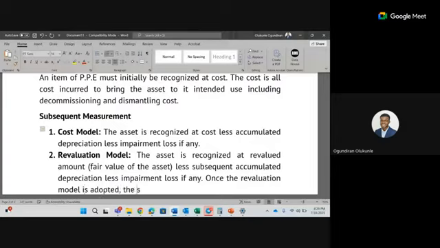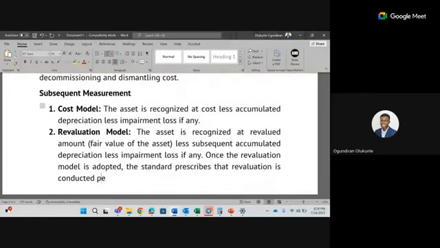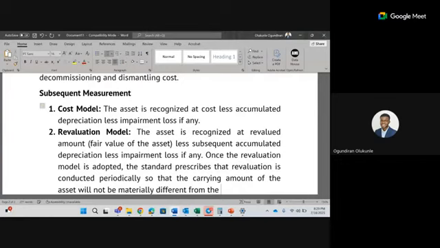The standard prescribes that revaluation is conducted periodically, so that the carrying amount of the assets will not be materially different from the fair value at a measurement date.